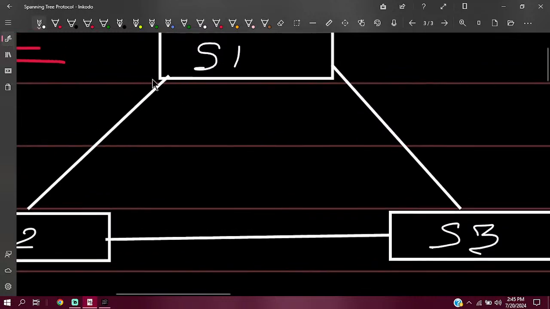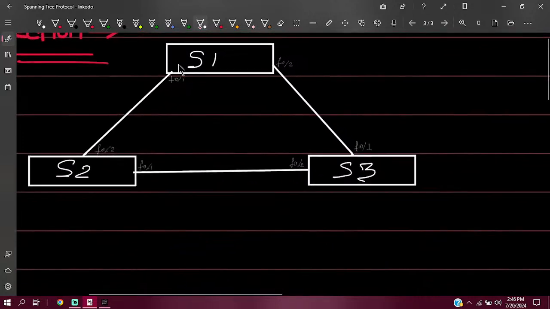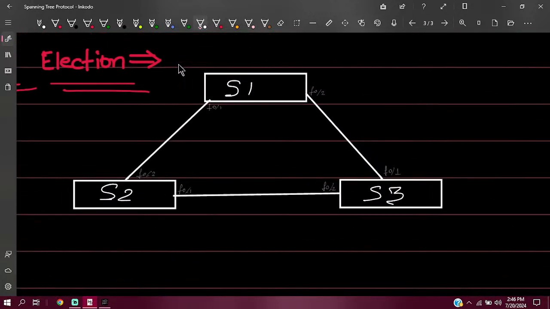Let's name this as FastEthernet F0/1, F0/2, F0/2, F0/1, F0/2, F0/1. Assuming all these particular connectivities, they are connected, okay? Not the drawn lines. Yeah. So now, this is a looped environment.